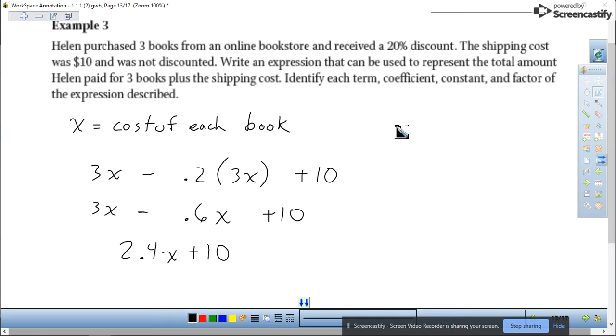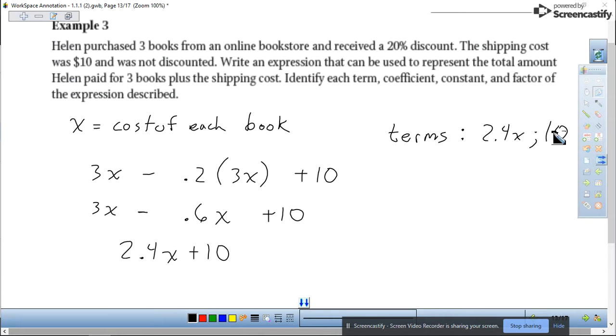So again, let's go here and we'll start with terms. Okay, how many terms do we have? How many things are separated by addition or subtraction? 2 things, right? So the terms are 2.4x and the second term is 10. Okay?